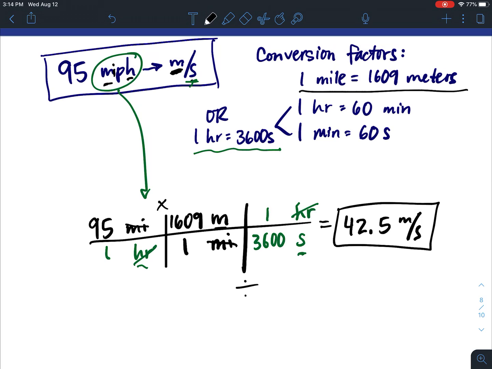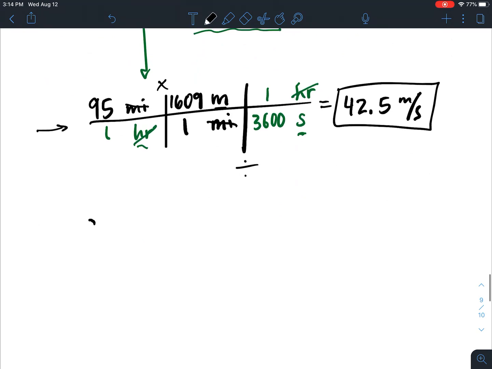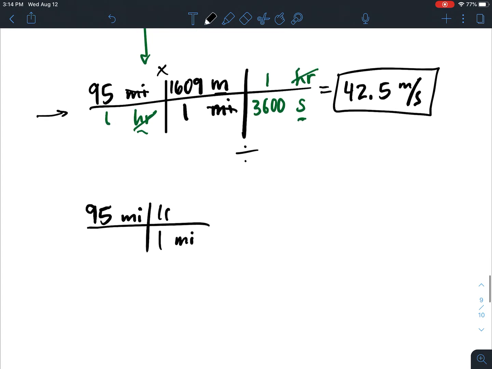Okay, if it is confusing to you to do it all in one big chart like this, you can actually split it up a little bit. So you can do 95 miles into meters. So 95 times 1609 is 52,855 meters.